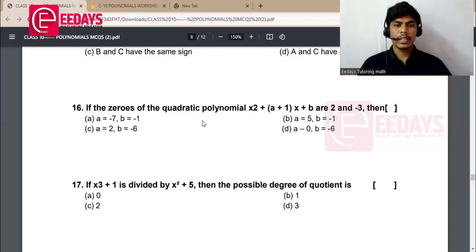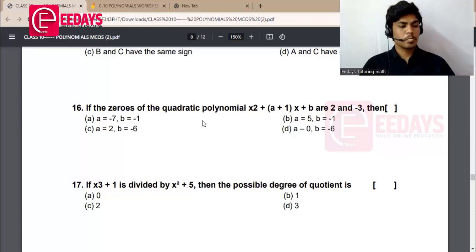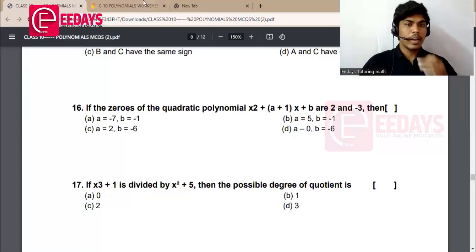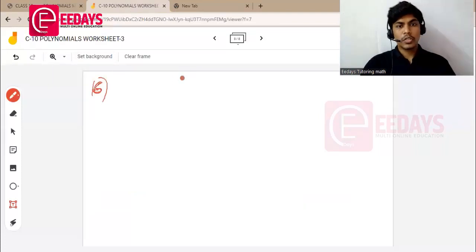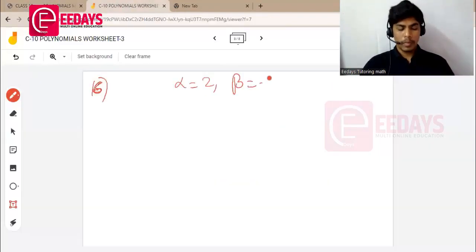Let's see how many of you get the correct answer. They already gave the alpha and beta values, and this question was also solved yesterday, in the previous session. Alpha is 2 and beta is equal to -3.